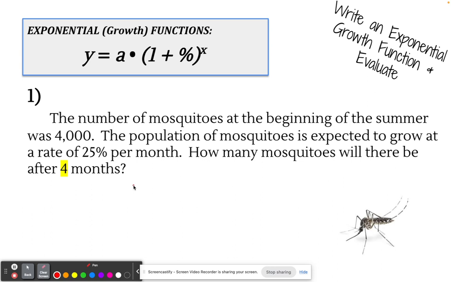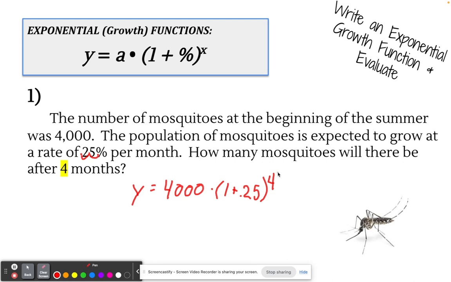So my y, or how many mosquitoes I'm going to have, is equal to my starting point, which is 4,000, times 1 plus my growth percentage, and 25% written as a decimal is 0.25. And since this is months, and we're talking 4 months, my time period's 4.